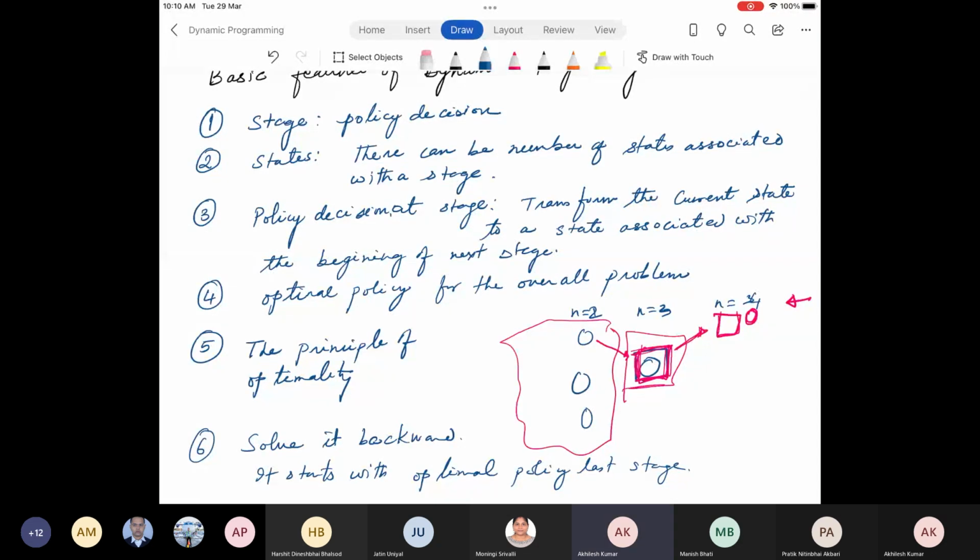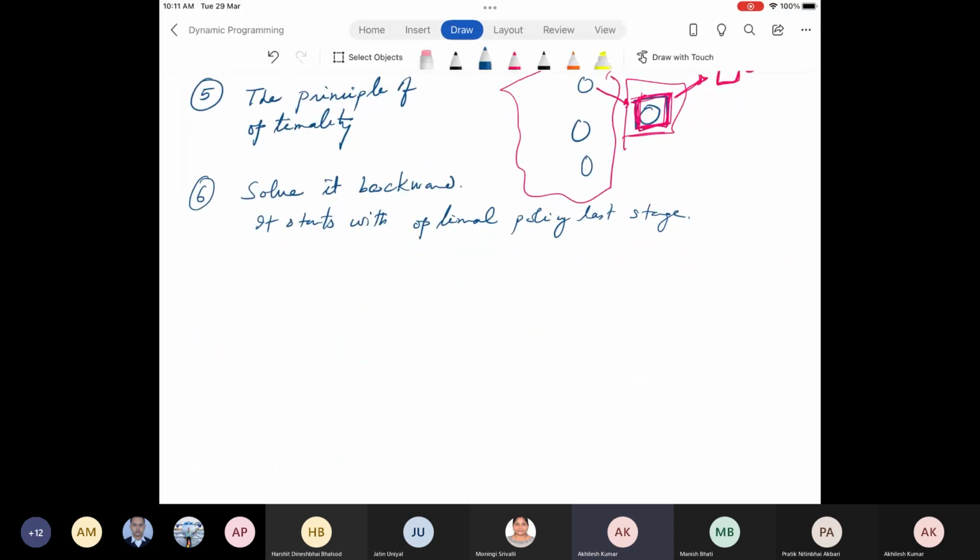After you have defined all these things, the most important part is a recursive relation. In the stagecoach problem, what we are doing is recursing backwards. There is a recursive relation, which changes according to your stages and states. Mathematically, we can present it as a recursive relationship.